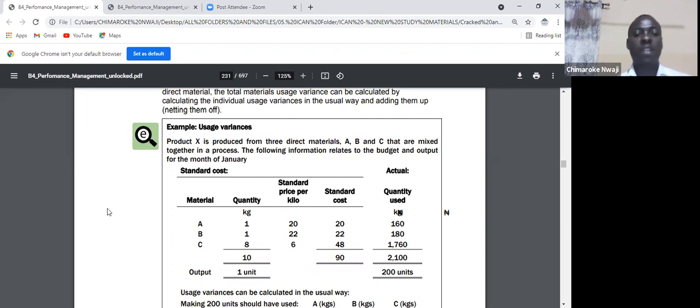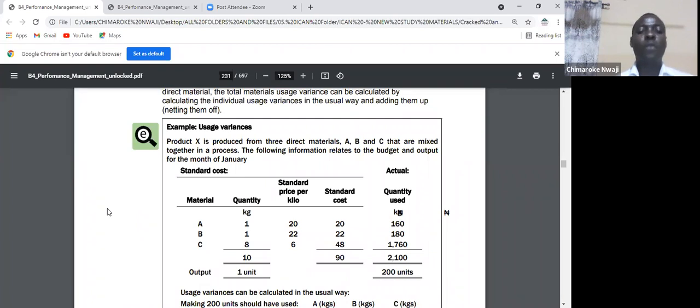We have our materials here on standard cost, A, B, C. It means that when we say standard cost, we want to look at what is the component for 1 unit.